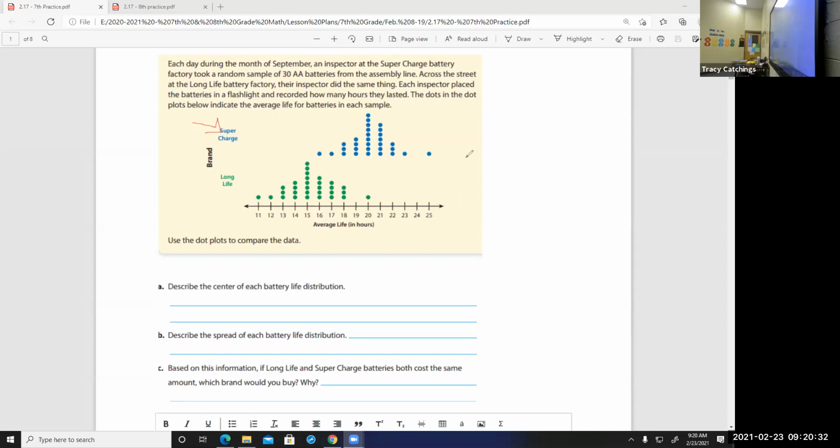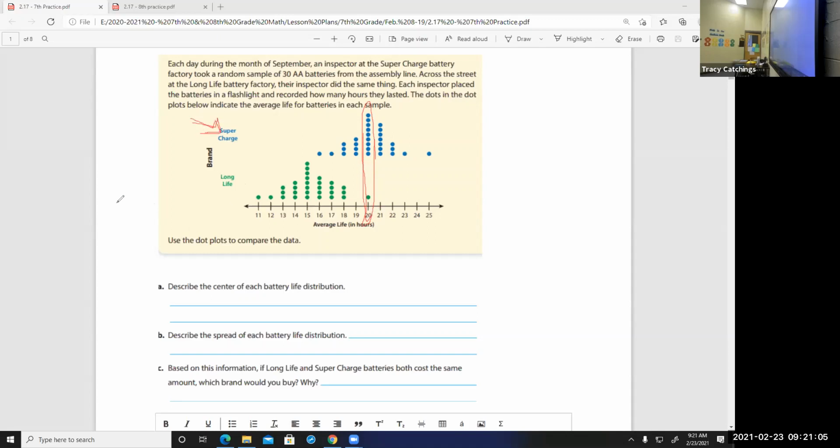Looking in the blue. Do you see the shape of the blue? So where is it coming to possibly show what our center is? And what number does that say at the bottom? Look at the Zoom if you need to, 20.